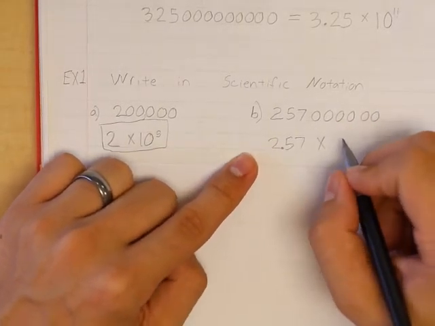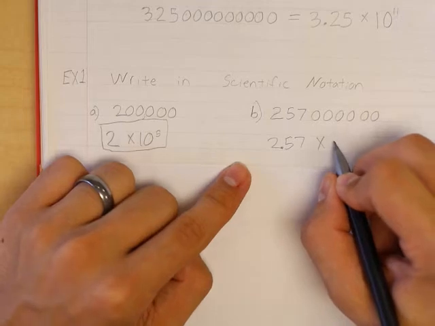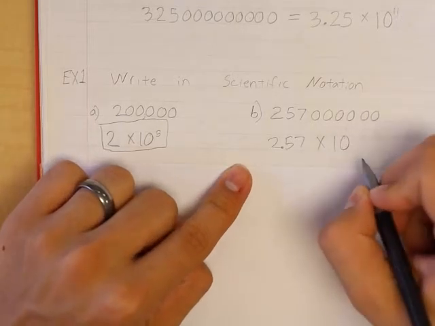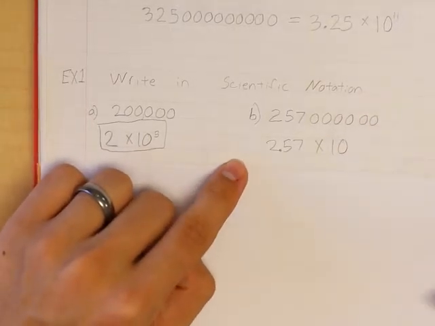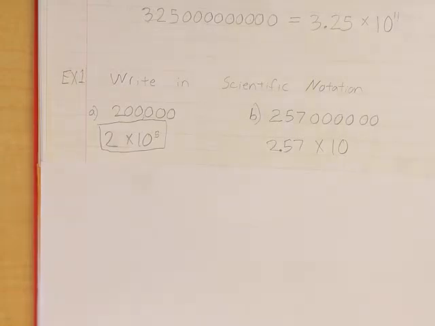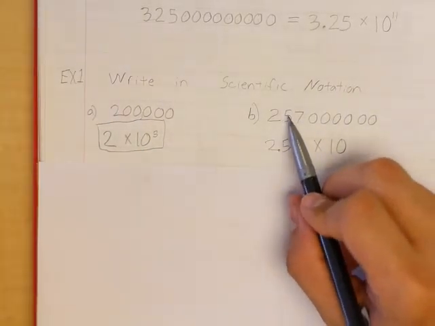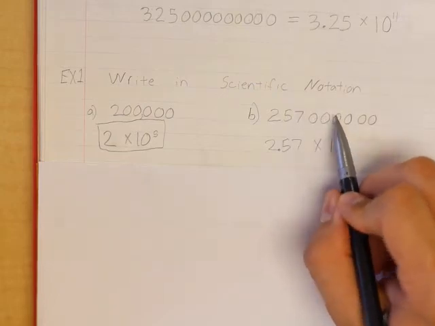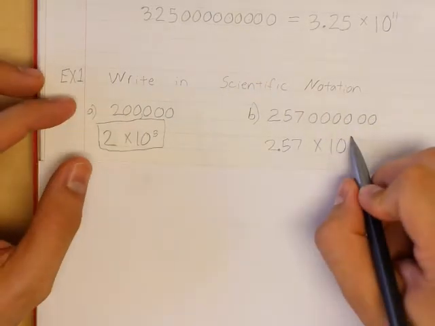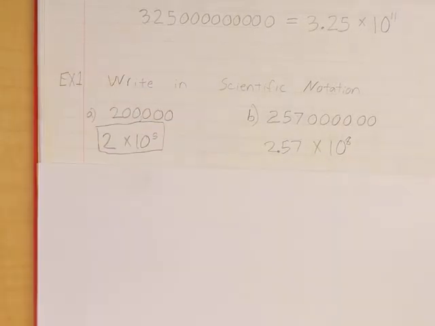Yes, you put times 10. Imagine that. It's like magic. Anyways, you then count how many numbers are after the first number: 1, 2, 3, 4, 5, 6, 7, 8. We raise it to the 8th power. And we're done.